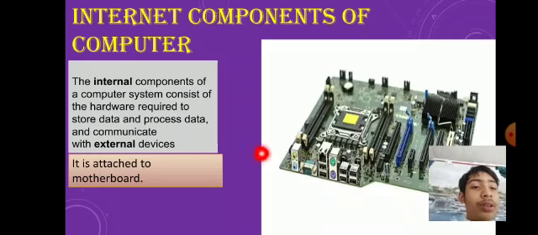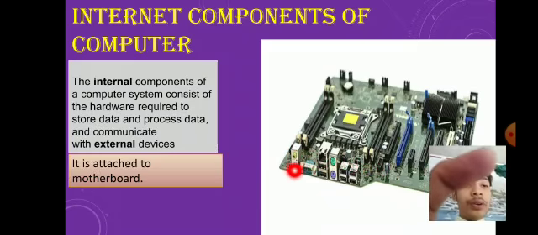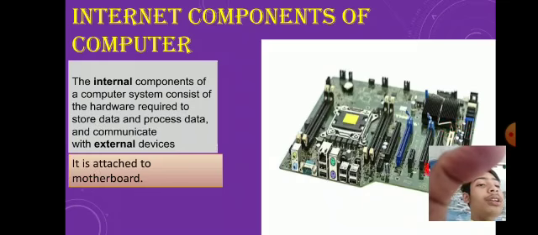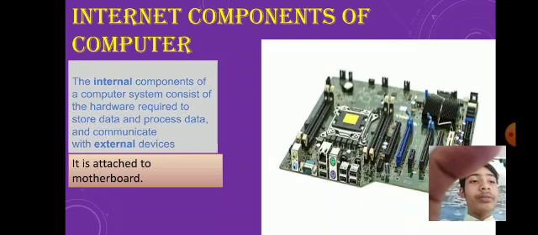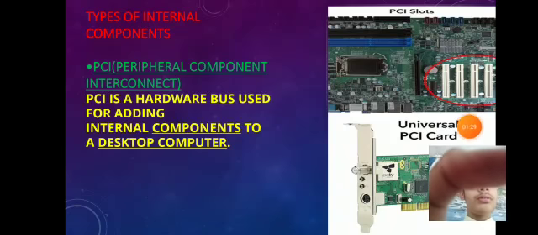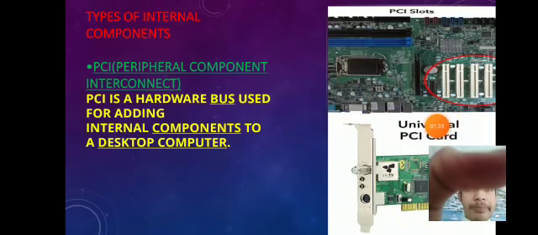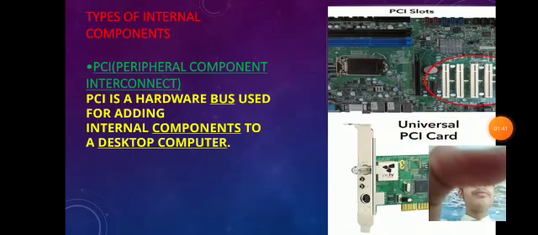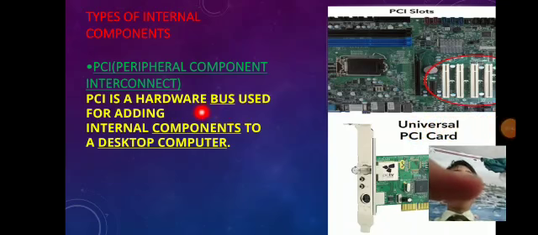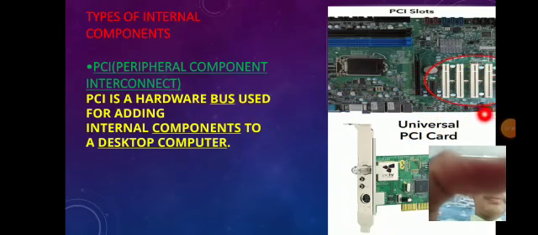Now here you can see there are ports for adding, and there is a PCI slot. PCI is a hardware bus used for adding internal components to a desktop. A PCI slot is just like a connector, or you can say a holder.